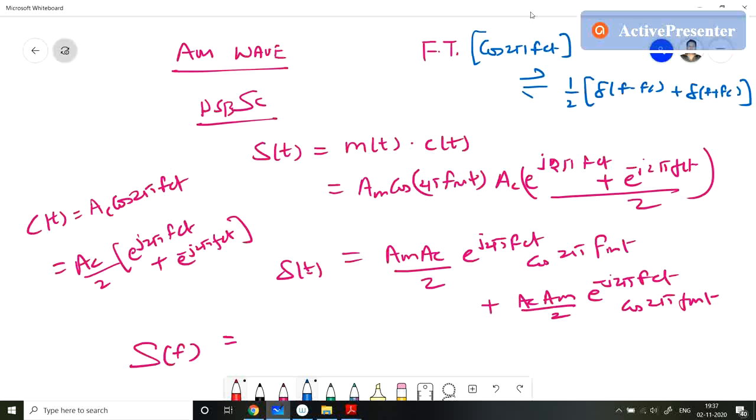Now, instead of cos 2 pi fct, it is good to take fm, because our reference signal is fm.